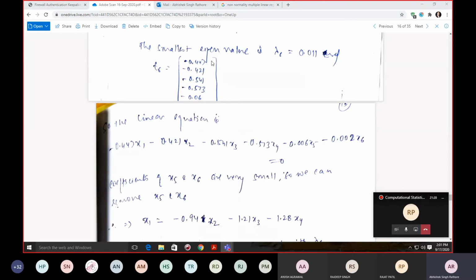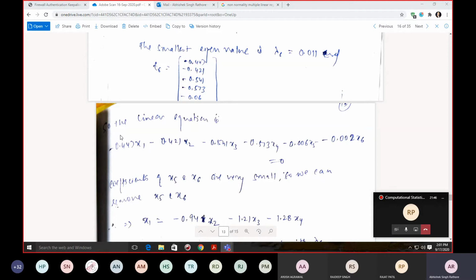So let's say I am multiplying this T6 with my data. So this is x1 into 0.447, then x2 into 0.421, then x3 into 0.4541, then 0.573 into x4, then 0.006 with x5, and 0.002 with x6.